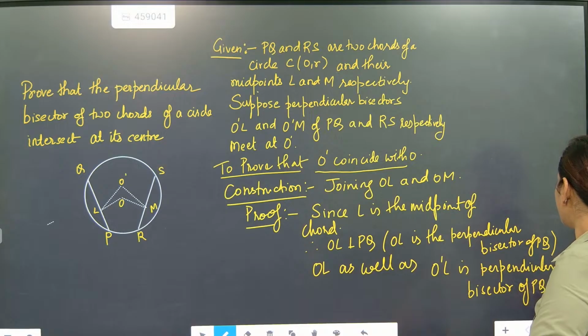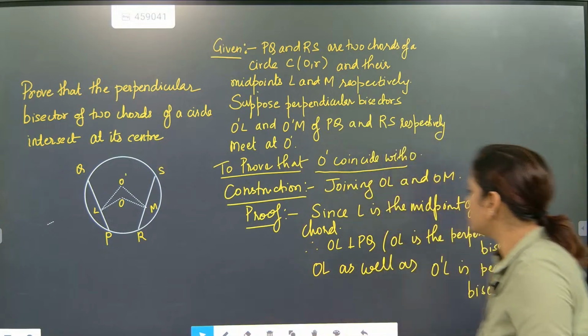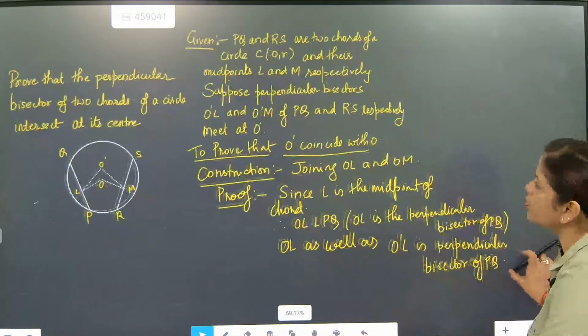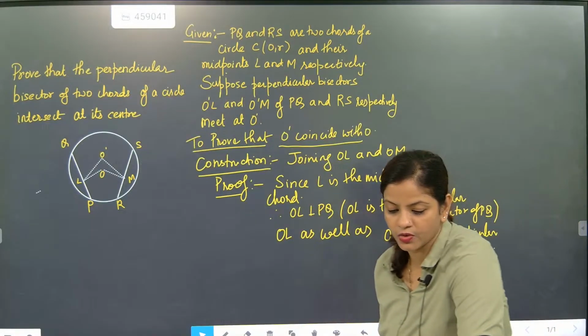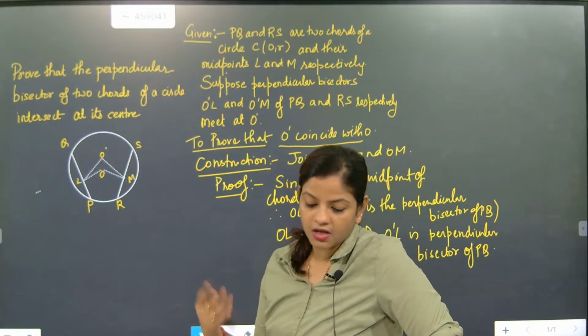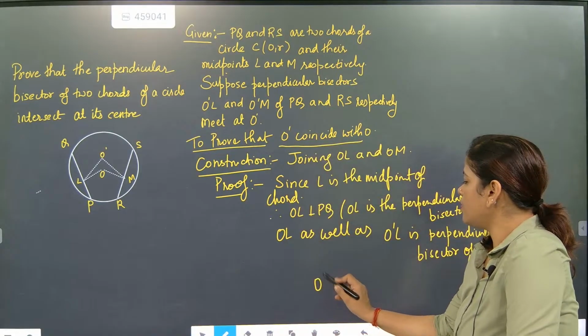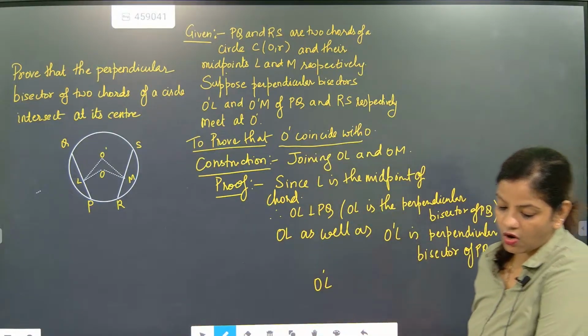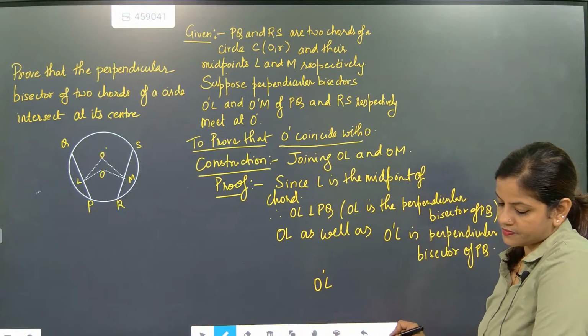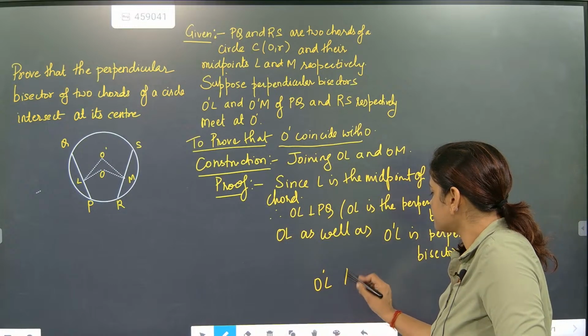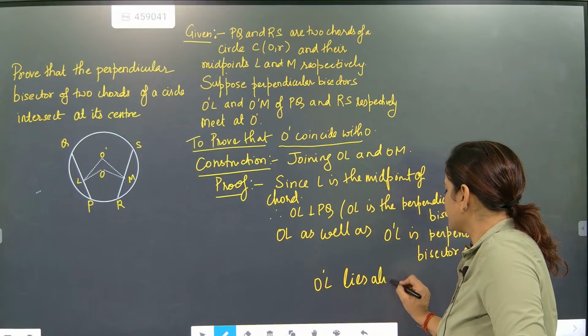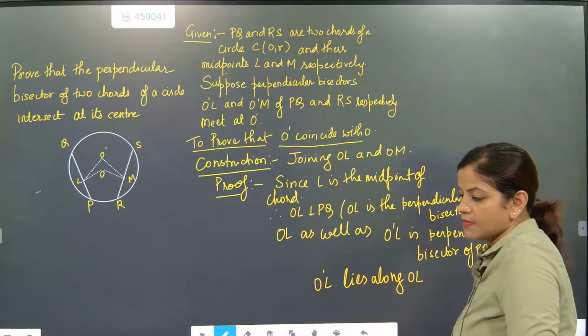Both are going to be the perpendicular bisector of PQ. Is this possible? No. So we write: O dash L lies along OL. It is not possible for two lines to serve the same purpose otherwise.